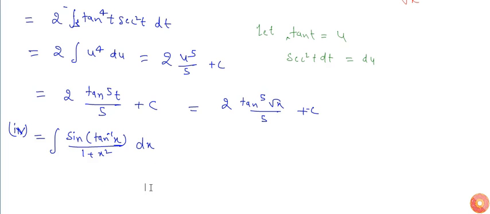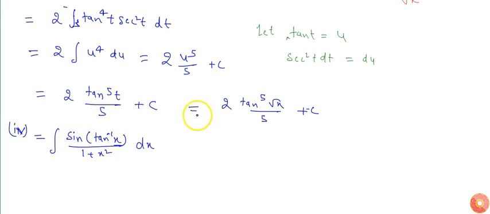So here I can see that if I assume tan inverse x equals t, then the derivative of tan inverse x is 1 by 1 plus x square, which is given in the expression.